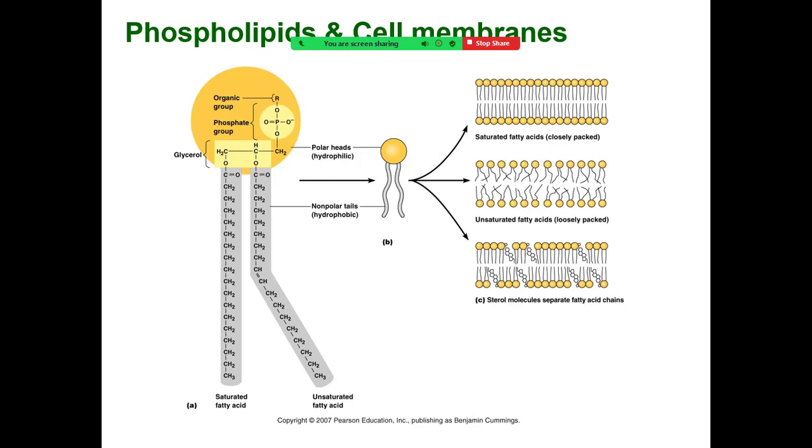And the other end is polar, and that end can then dissolve in water. And so the detergents can both dissolve in water and in oil, and that's sort of the same as a phospholipid. One end can dissolve in water, the other end can dissolve in oil, making this molecule biphasic. Any question about any of that?